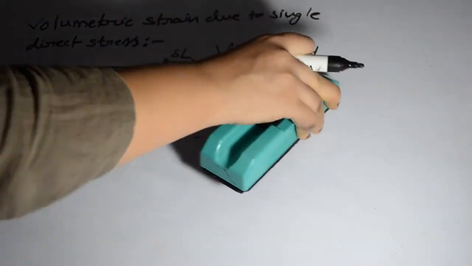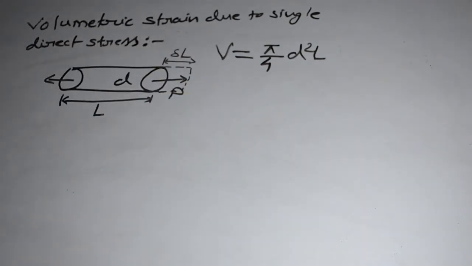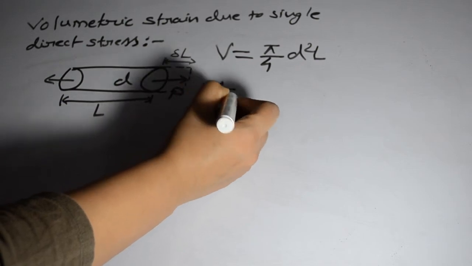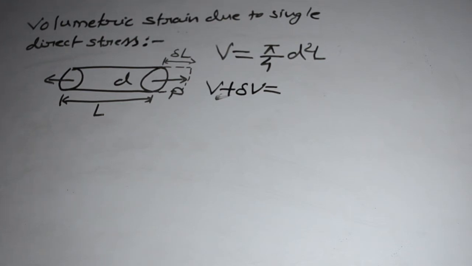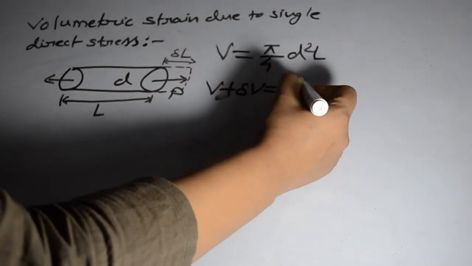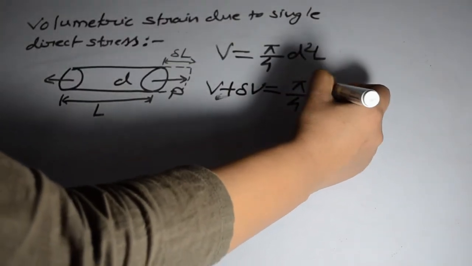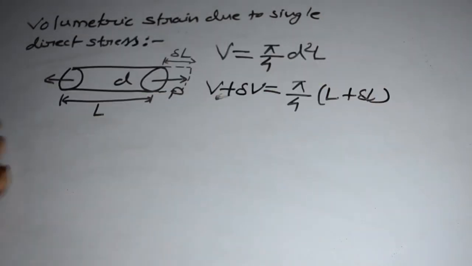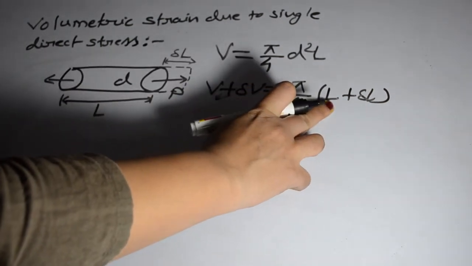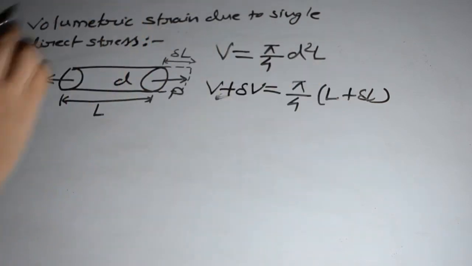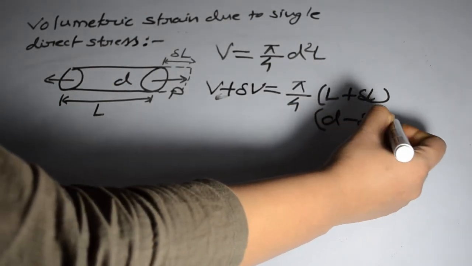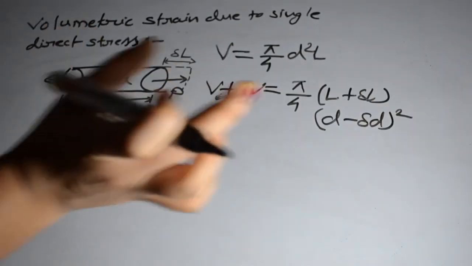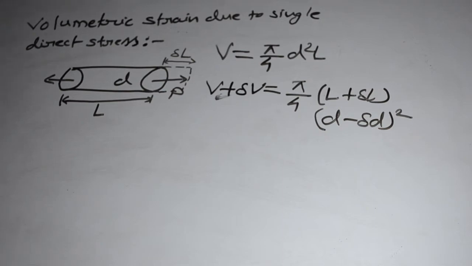So this was the original volume. After application of force, the final volume of the bar will be V plus delta V, which is equivalent to pi by 4 into L plus delta L, because the length of the bar is increasing, into D minus delta D square, because the diameter of the bar is decreasing.